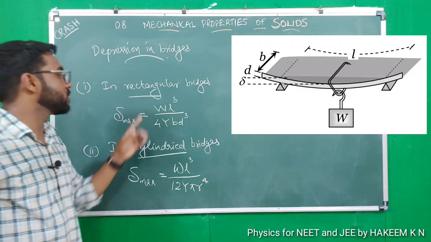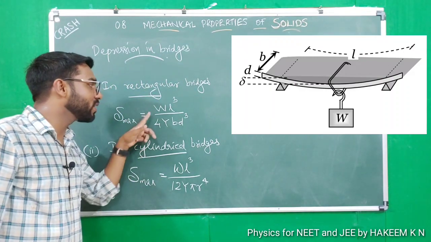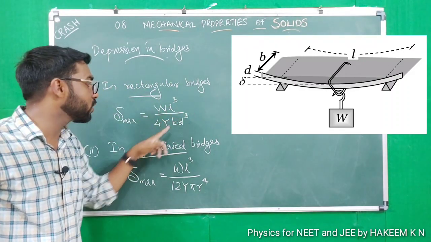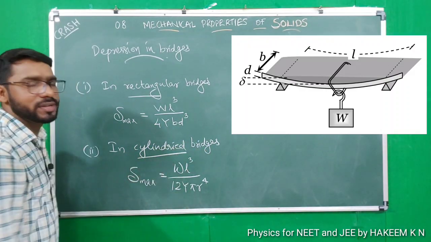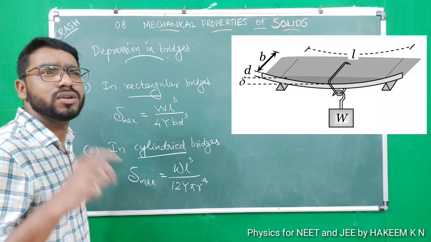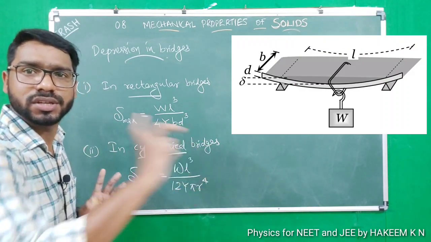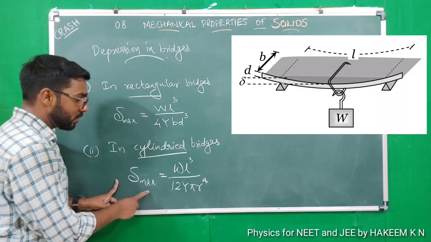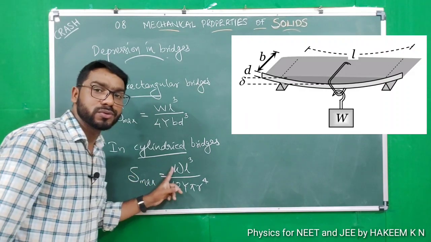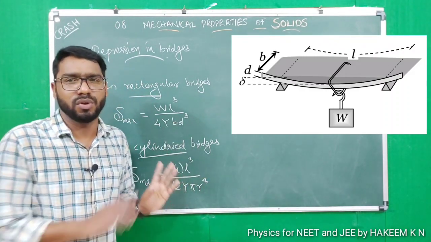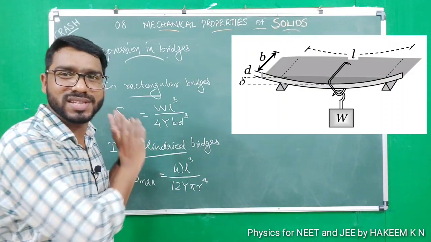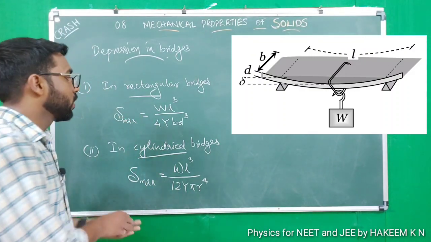In rectangular bridges, the depression is calculated using the equation WL cube by 4YBD cube. And in circular bridges used for water irrigation, the maximum depression is calculated using the equation WL cube by 12Y pi r raised to 4. No need of the proofs or derivations, just learn the equations by heart.